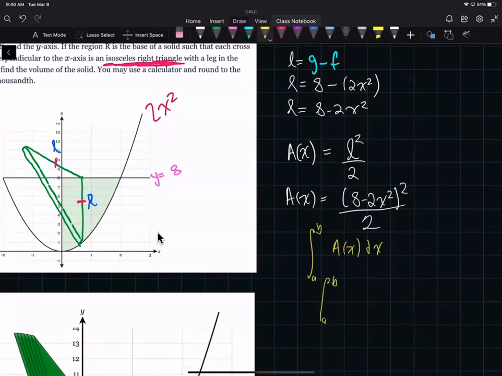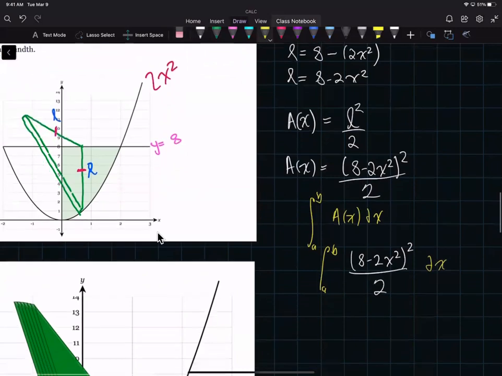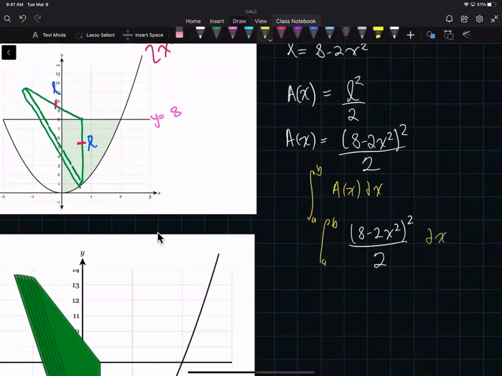From A to B, 8 minus 2x squared, and I made that too big, divided by 2 dx. And actually, I can now substitute my A and B. What is my A and B, guys?